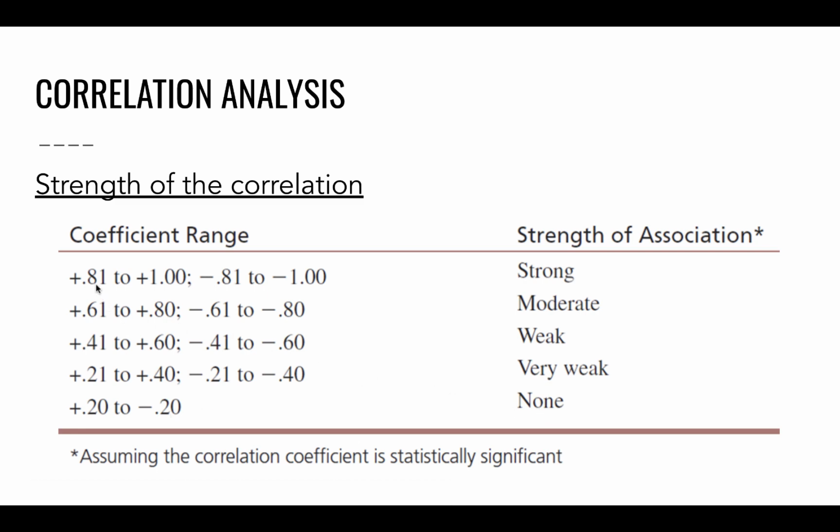And of course, as soon as you go over 0.8 in absolute value, so positive 0.8 or negative 0.8, you'll be dealing with a very strong relationship. These are pretty hard to find. Usually they're fluctuating somewhere more in the middle with moderate and weak relationships.